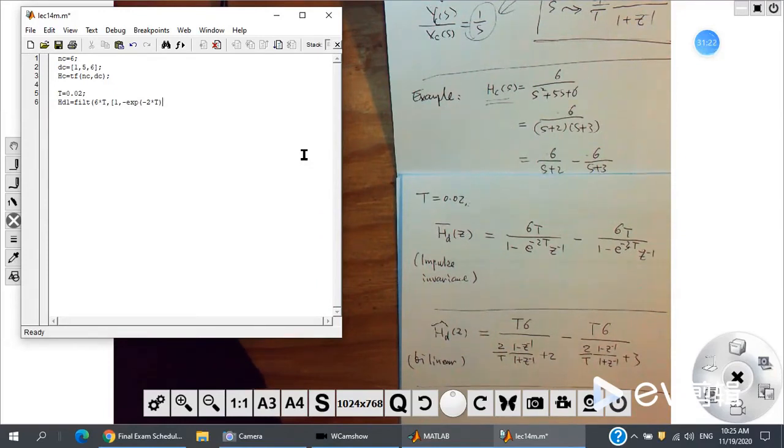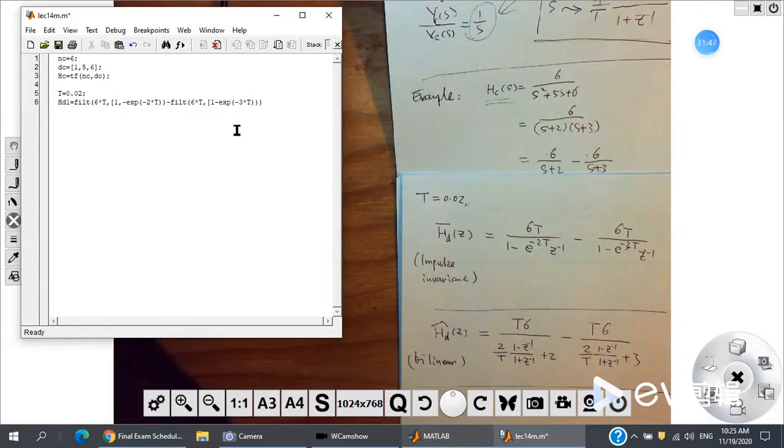And minus another filter. Numerator is still 6 times T, and the denominator is 1 minus exponential power of negative 3 times T.